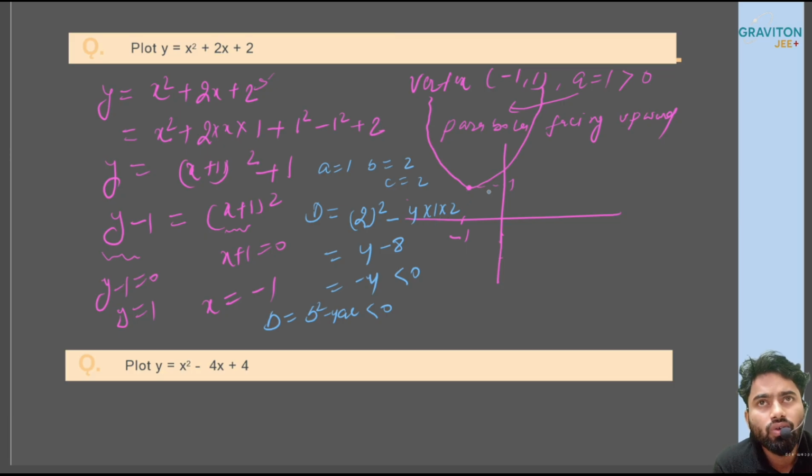You can also calculate this by a simple formula. You do not have to do so much derivation.